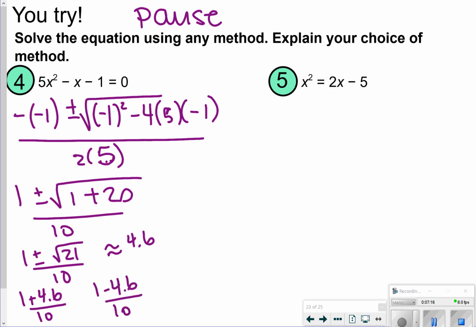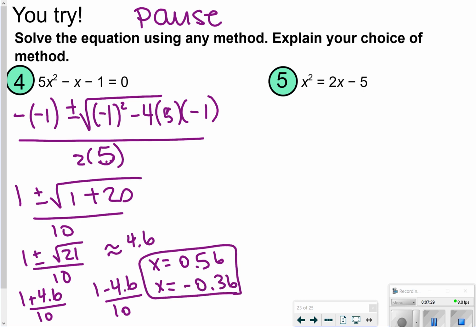That's going to give me my 2 solutions of 0.56 and negative 0.36. Okay.